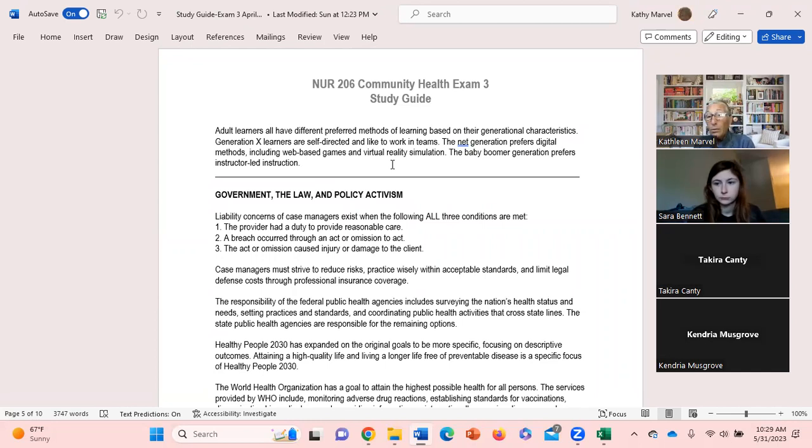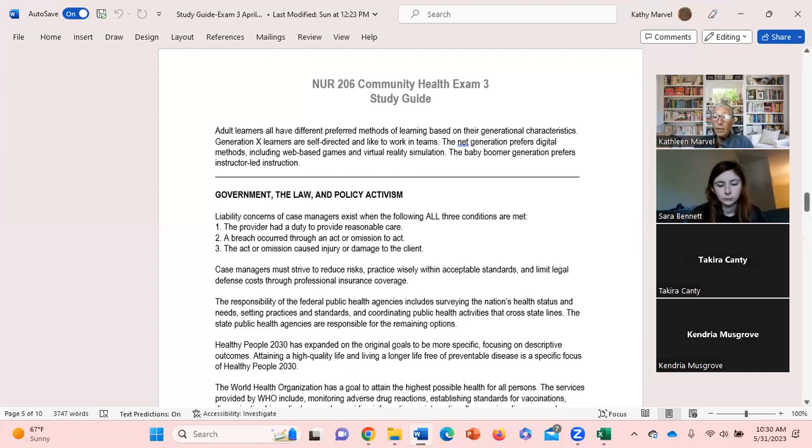The net generation prefers digital methods, web-based games, virtual reality. And then the baby boomers, the older people like me, still prefer instructor-led education. So please know the difference between those different adult learners, because remember, in the community, the majority of your job is education. So you need to be aware of these things.